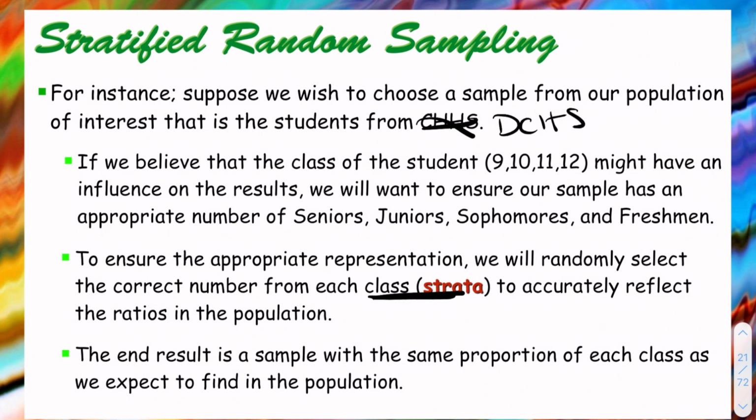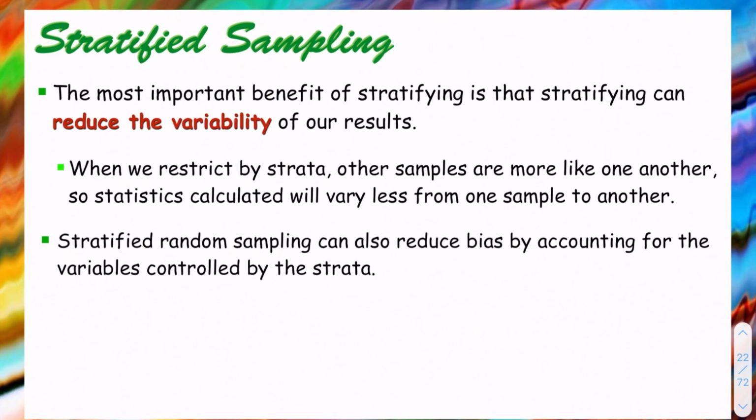The end result is a sample with the same proportion of each class as we expect to find in the population. So if we know that the junior class is smaller than the incoming freshman class, we can adjust for those smaller numbers of people in the proportion that we use.